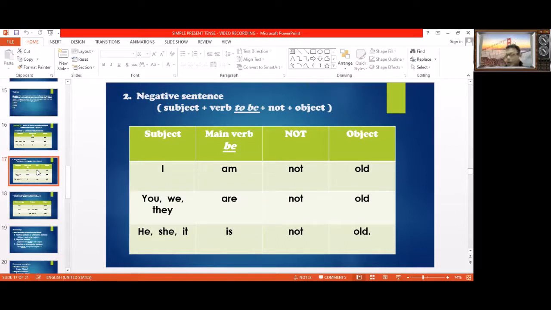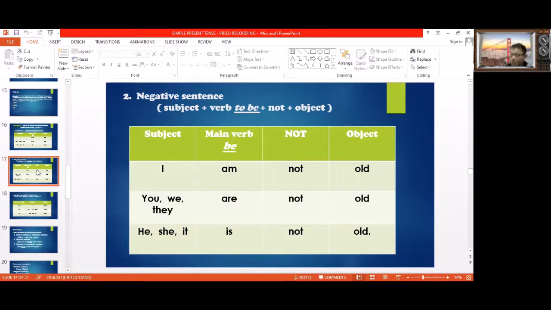Don't forget, not is the word that makes the sentence negative. And we have the object. There's only one thing you must remember: not always comes after the verb be.